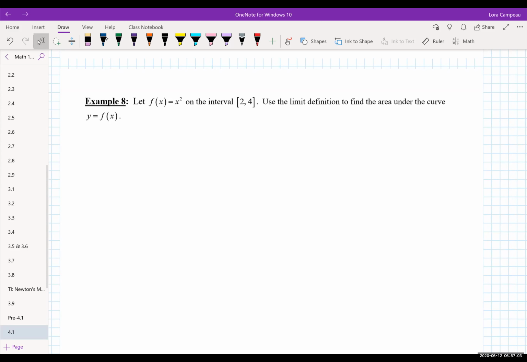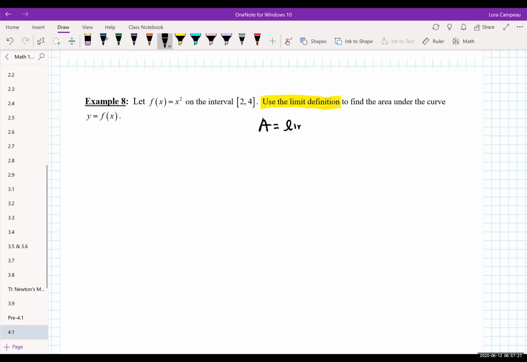And that is true. However, we change the interval on you. Instead of starting at 0, we start from 2 and go to 4. And so that sometimes provides a bit more complication, but we've done enough. We can handle it. So one more time, using that limit definition, what's that area?